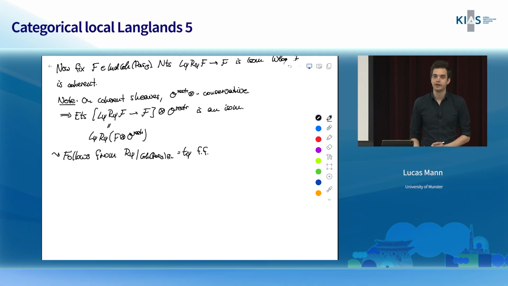All right. Then I will continue with the second step of the induction principle, which is the conservativeness of the functor L psi. So let me briefly recall these cuspidal sheaves that made an appearance there.